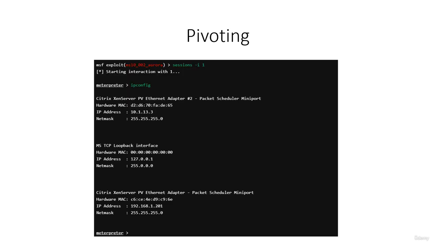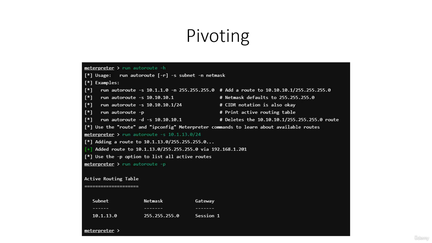So we want to leverage this newly discovered information and attack this additional network. Metasploit has an autoroute Meterpreter script that allows us to attack this second network through our first compromised machine. Just as I told you, type ipconfig and this will give you the second network through our first compromised machine.